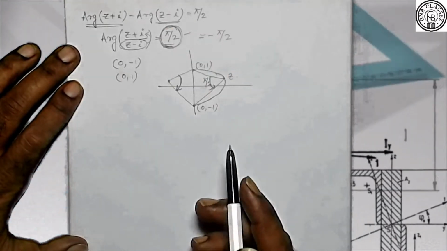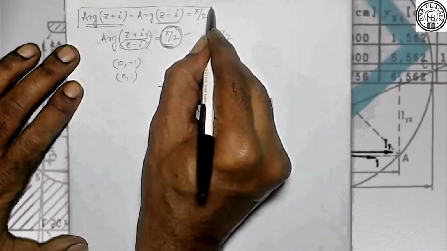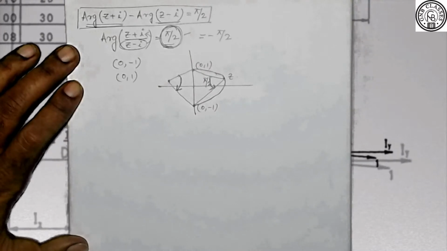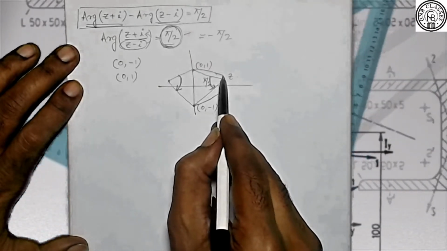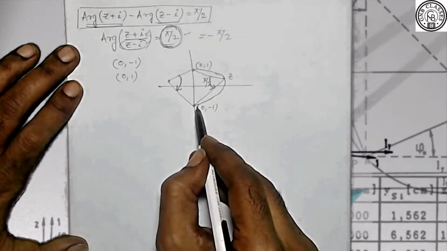Is it clear? Therefore, what is the locus of the given equation? The locus is that the point z is moving on the circumference of a semicircle which is on the right hand side of the y-axis.